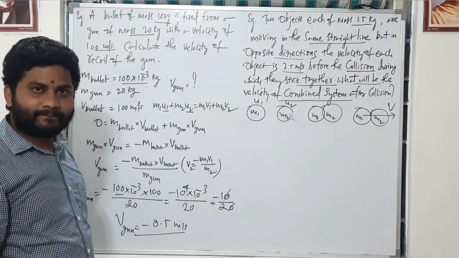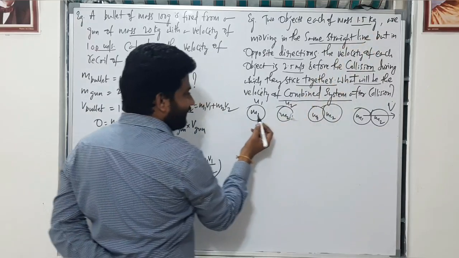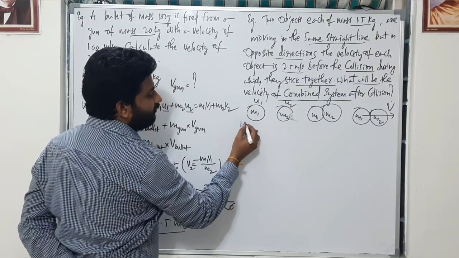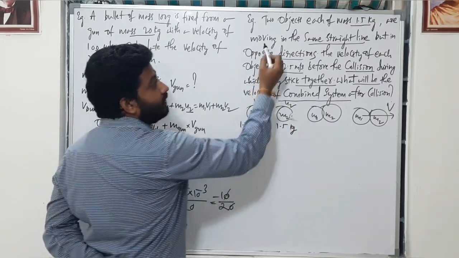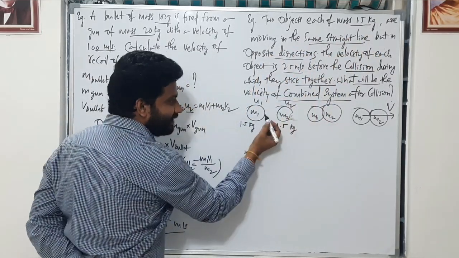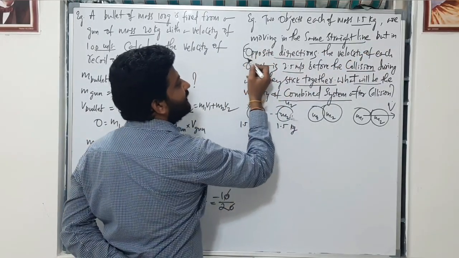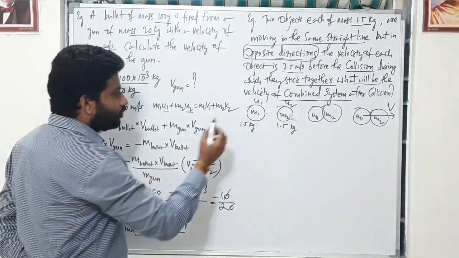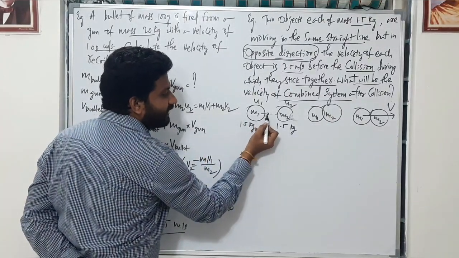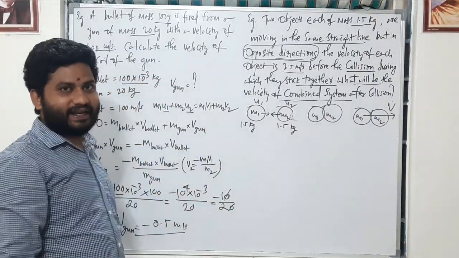Two objects of each mass, this M1 is 1.5 kg and this M2 is also 1.5 kg. They're moving in the same straight line, yes, but in opposite direction. This is the important thing. This M1 is moving in this direction, M2 is moving in this direction. See here, they are moving in opposite directions.